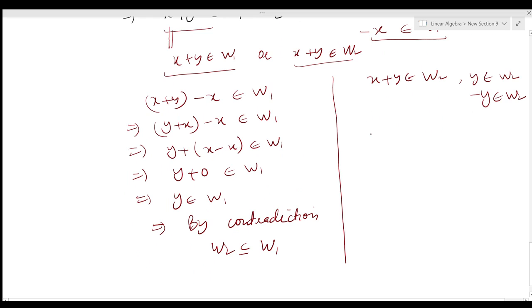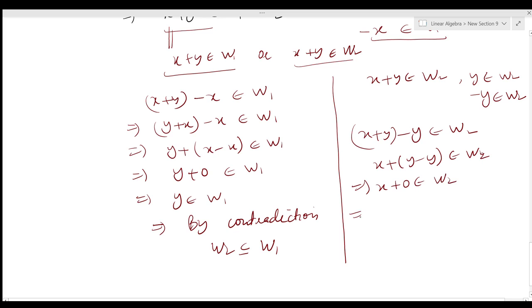Now we can add these two by the definition of subspace. So by associativity again, x plus 0 belongs to W2, and x plus 0 is x, that belongs to W2. This is again a contradiction. So we can say that W1 is a subset of W2.